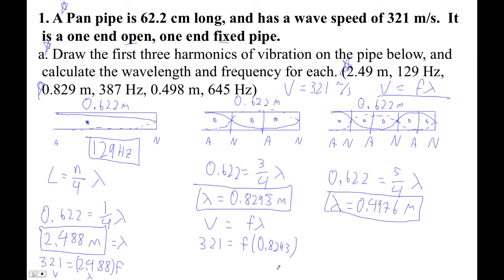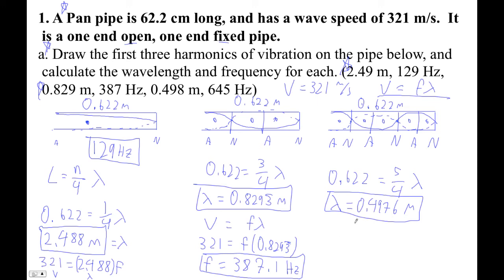So 321 divided by 0.829, and I'm going to use a little trick to type in the repeating decimal. I get 387.0587 hertz, so roughly 387 hertz. So there's my frequency.